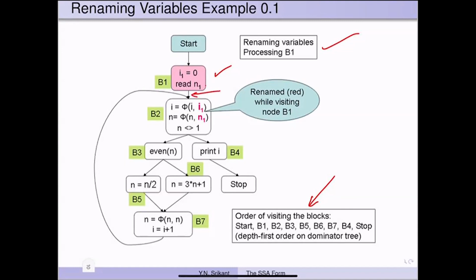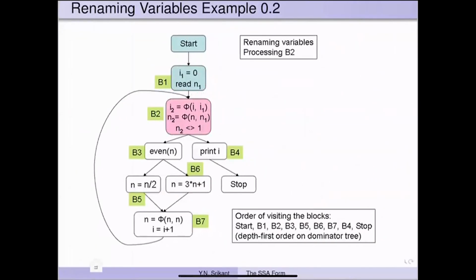So, because of that, we will rename this variable in the phi function and this variable in the phi function as I1 and N1. Because when we arrive from B1 to B2, that edge is taken, and therefore the values of I1 and N1 will be relevant. So that is why the renaming function will do that here. Only for the phi function.